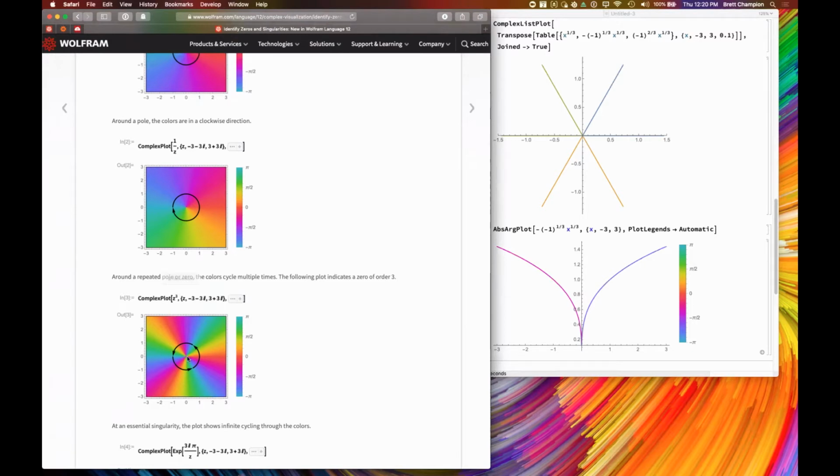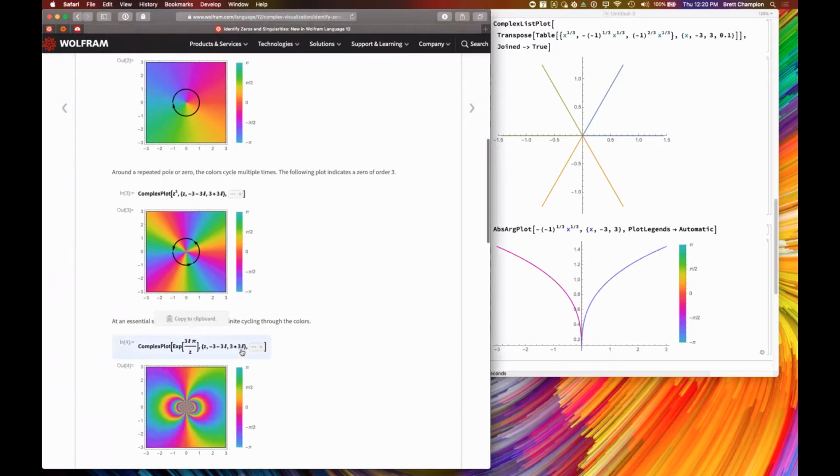And so we have our turquoise to turquoise to turquoise to turquoise 3 times around this point. So this is a 0 of order 3. Likewise, for a pole, you would have it going clockwise 3 times around a pole of order 3.